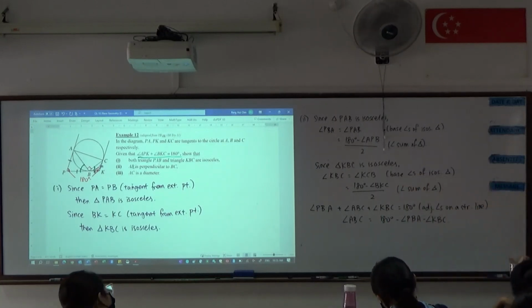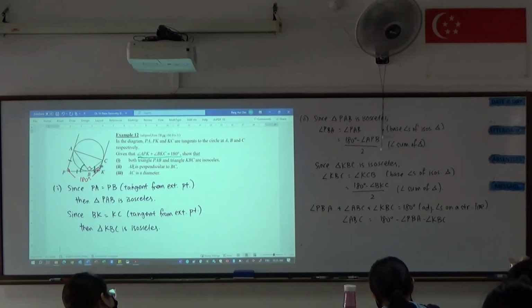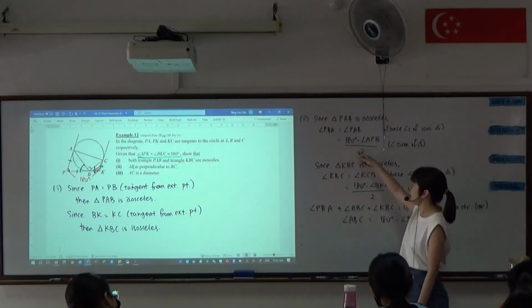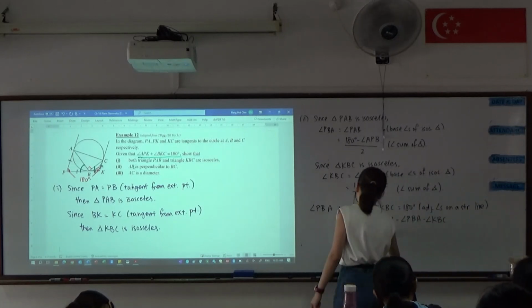And then we can make ABC the subject, which is 180 minus angle PBA minus angle KBC. I already have an expression for PBA and I also have an expression for KBC, so I can write that in.